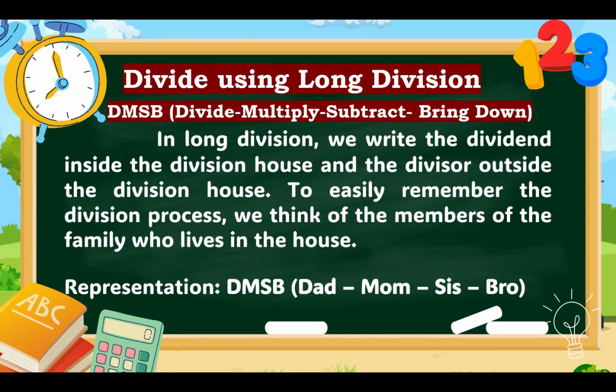Now for our representation, DMSB, we have dad, mom, sis, bro. Or D, divide, M, multiply, S, subtract, and B, bring down. Dad, mom, sis, bro is just for easy remembering of the division process.